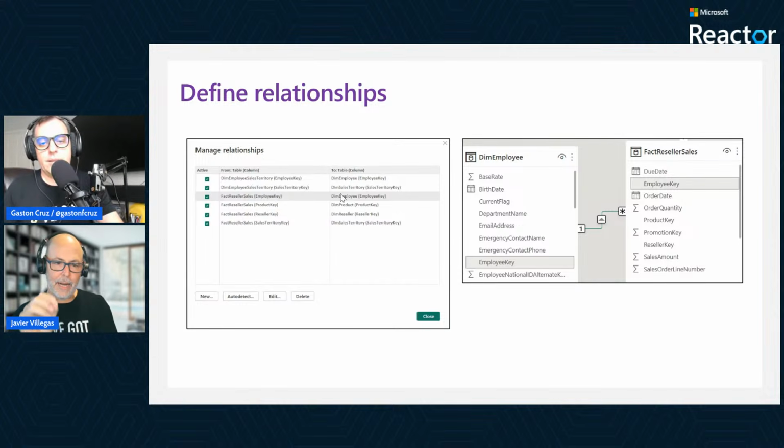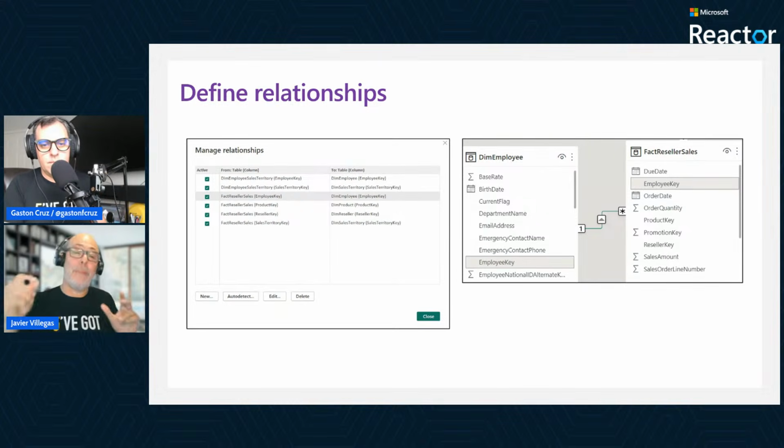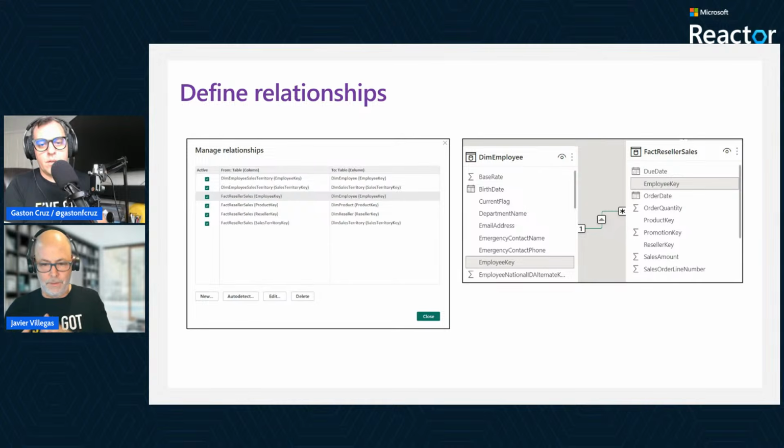And let me add something to what you just said, Gaston. The cardinality is important, right? If we're going to have multiple combinations of one to many or many to many, that's going to end up maybe having some performance problems.